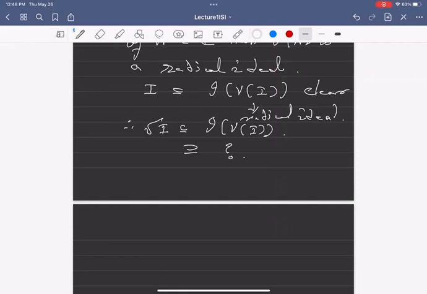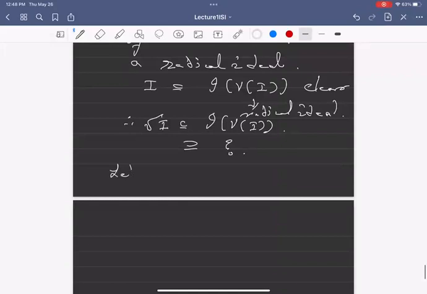Suppose I take a polynomial G which is not in the ideal of the variety of I. Then I will show that G is not in the radical of I.